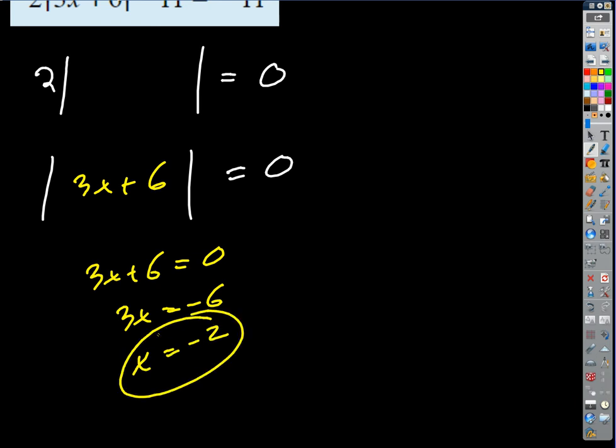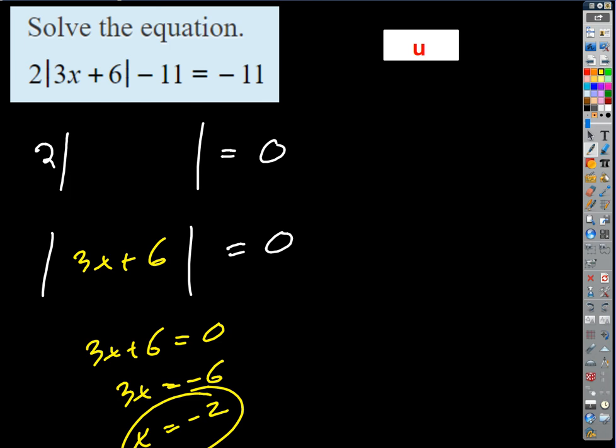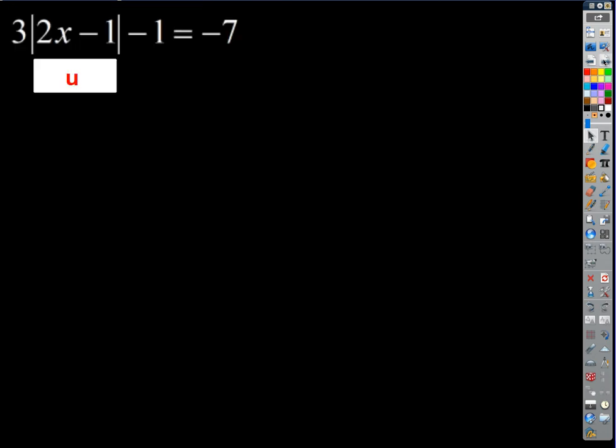We could plug that in just to check it. 3 times negative 2 is negative 6, plus 6 is 0, absolute value of 0 is 0, 2 times 0 is 0. So negative 11 equals negative 11, check, it works. It satisfies the original equation, makes it true, right? Okay, questions? Okay. How about this one?